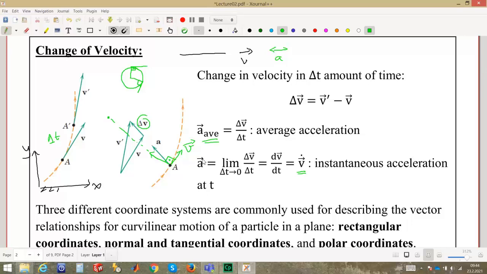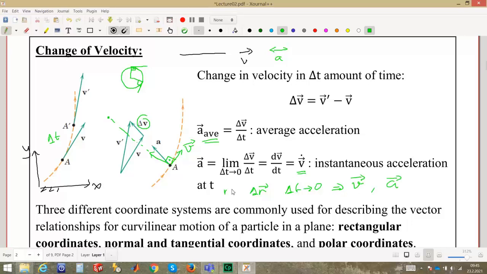Now, what we have defined is delta r, taking delta t to 0, and then doing the derivatives, we have defined the velocity vector and the acceleration vector. Okay.